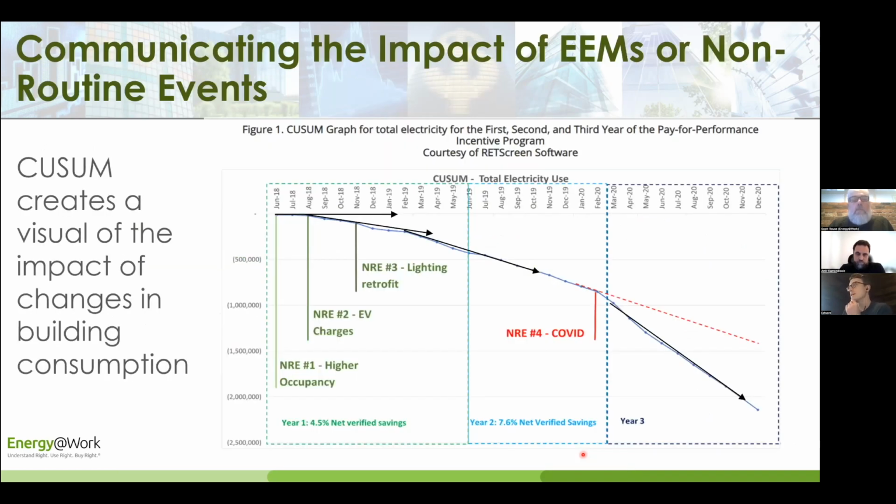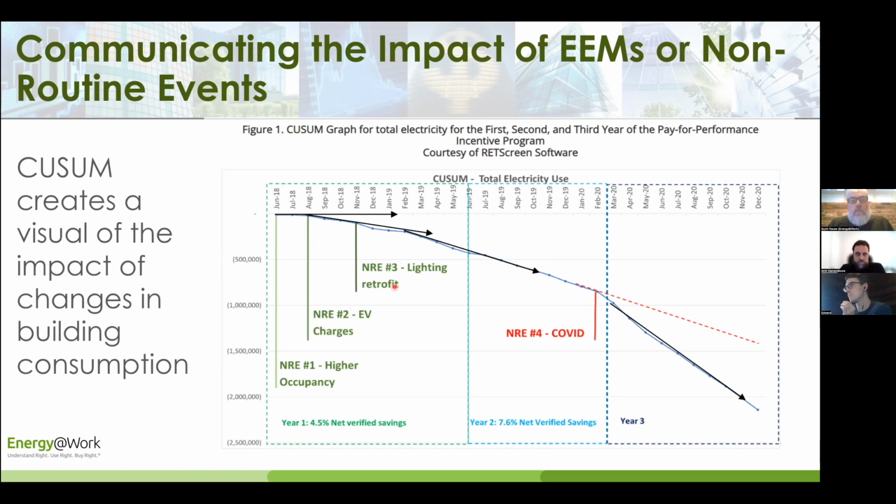Going to the next point, we use RETScreen to communicate the impact of energy efficiency measures or changes in the building. A QSUM creates basically a visual of how the building is performing.